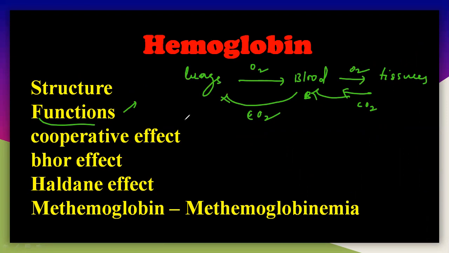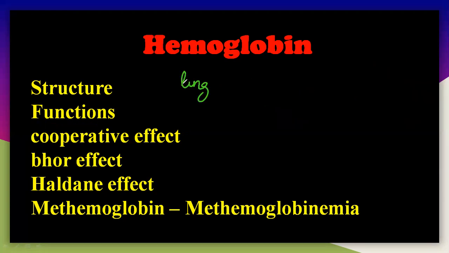And I told you about the cooperative effect, Bohr effect, and Haldane effect also. Bohr effect is nothing but the transportation of oxygen from blood to tissues. So here lungs, blood, and the tissues.